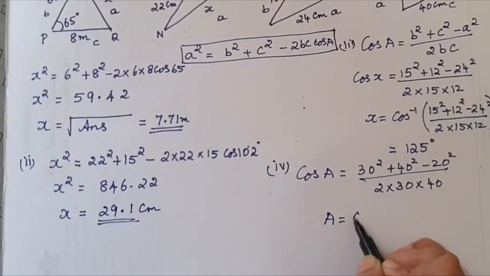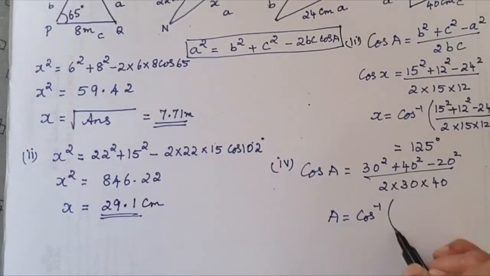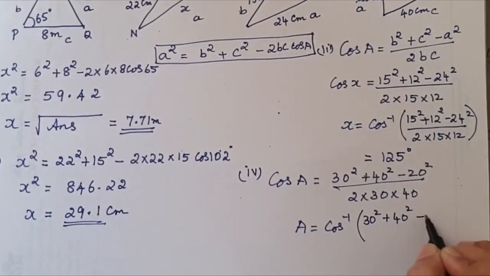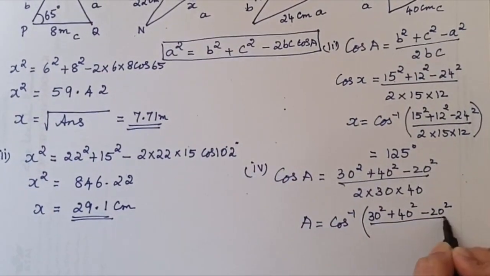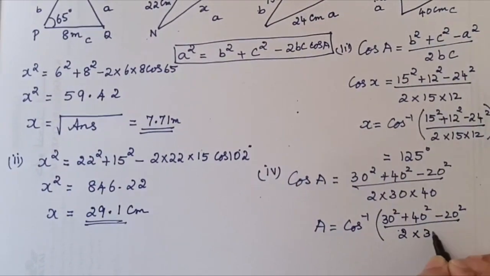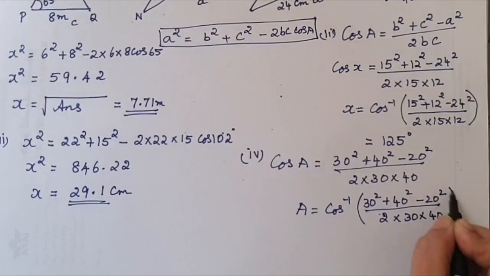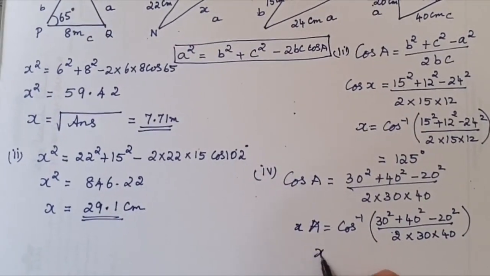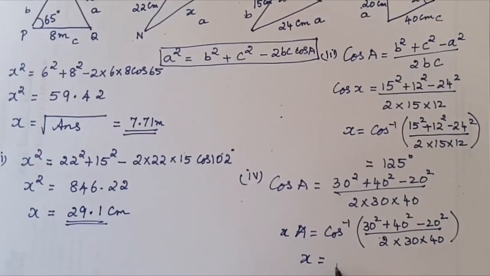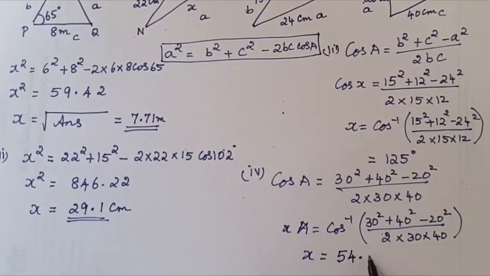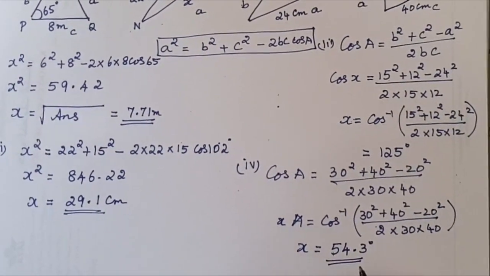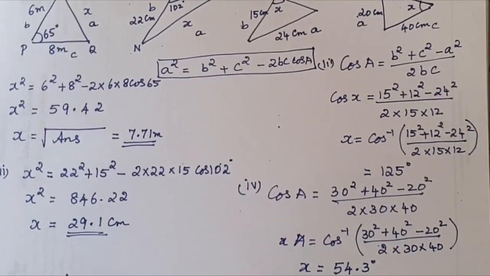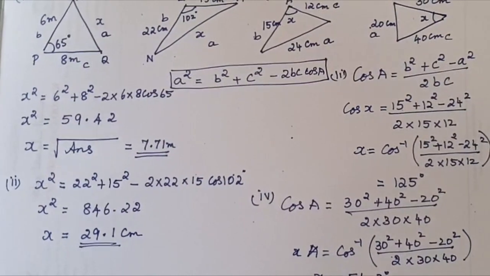So x will be equal to cos inverse of 30 squared plus 40 squared minus 20 squared divided by 2 multiplied by 30 multiplied by 40. You will get your answer as 54.3 degrees. So this is how we apply the cosine rule for finding the side and for finding the angle.